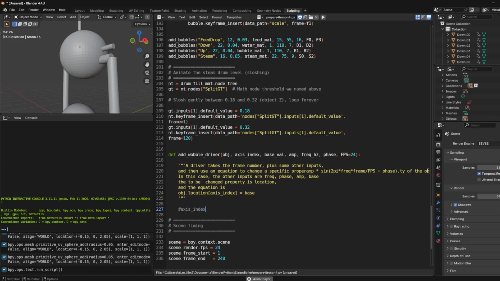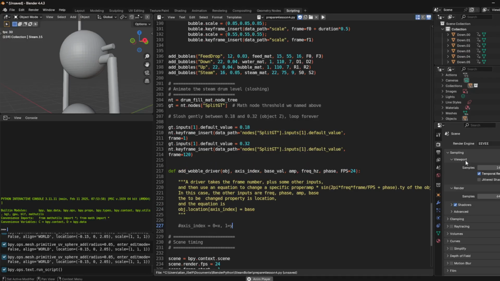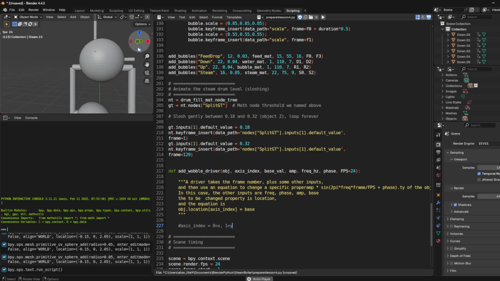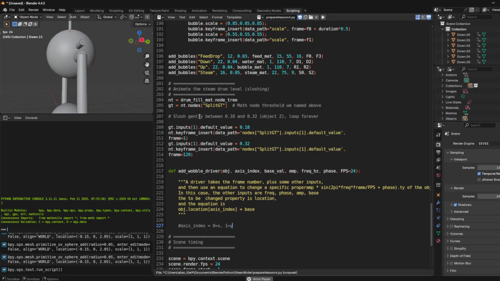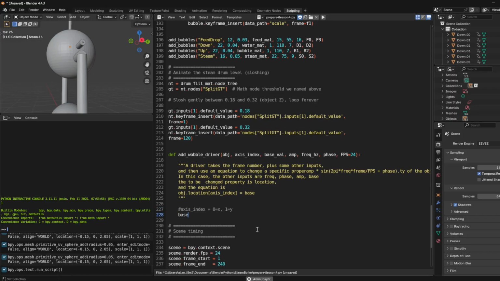Axis index: 0 is x, 1 is y. So if we enter a 0, we're telling them to wobble on the x-axis, and if we put in 1, we tell them to wobble on the y-axis. Now we're just defining the parameters so we can figure out what they are in the future.